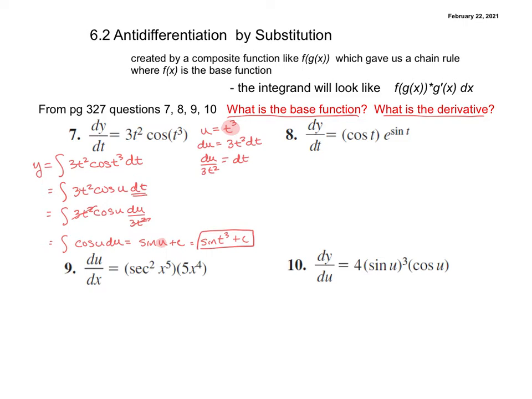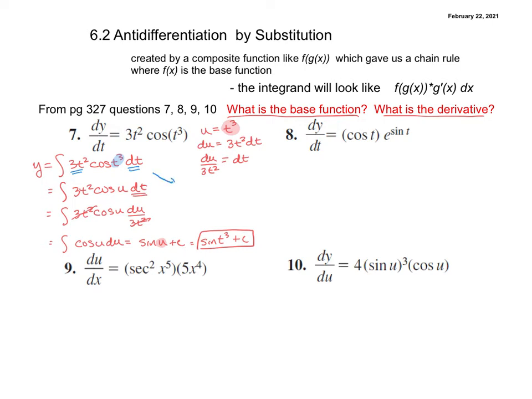And so now, how can I have done this a little bit differently? You still have to recognize that u is t cubed and du is 3t squared dt. But if you recognize that, here's my u and my du is 3t squared dt, I can just see it. Okay, I've got the cosine of u and du is right there.